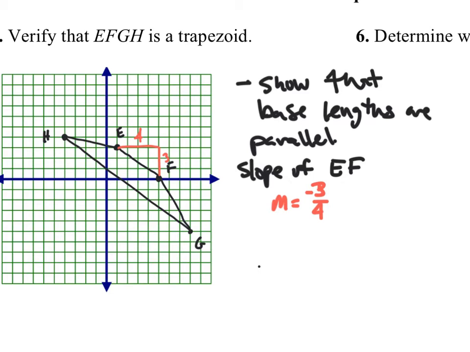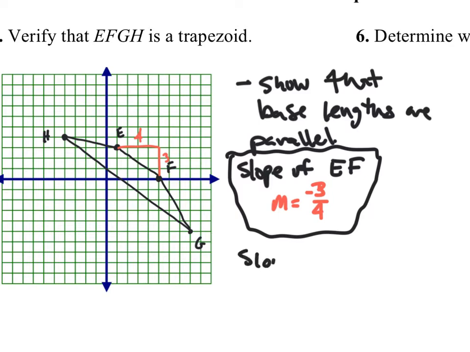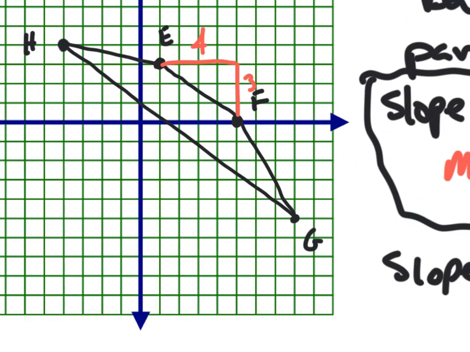I'm looking for the same thing for HG. I found the slope of EF, so let me find the slope of HG. I'm going to draw a right triangle, going down to here and then over to here. Let's count those lengths: 1, 2, 3, 4, 5, 6, 7, 8, 9.